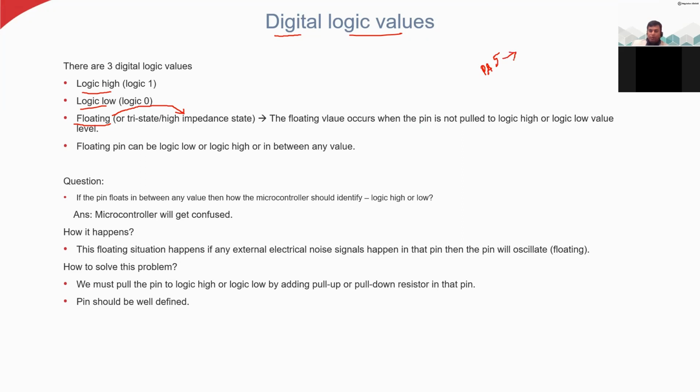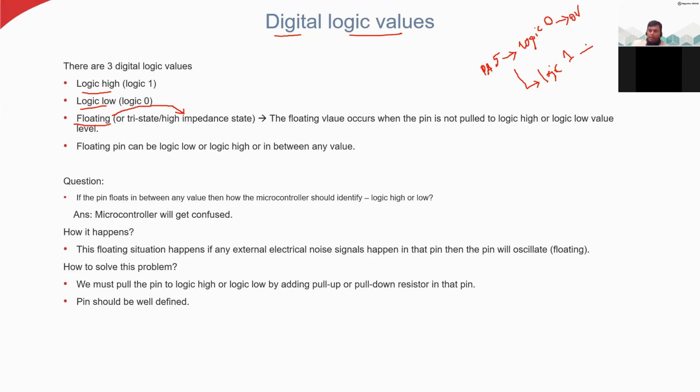So this pin is supposed to be logic low, which means logic 0, or it can be logic high. That is the digital world, right? So either it has to be logic low or logic high. Logic low indicates 0 volt or 0.3 volt, let's say.